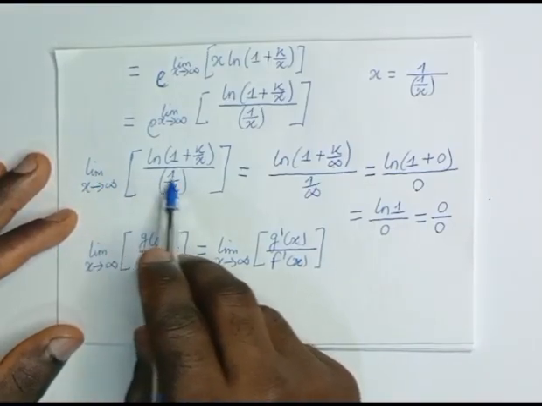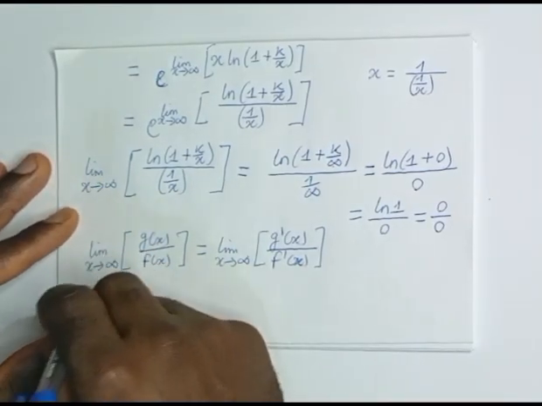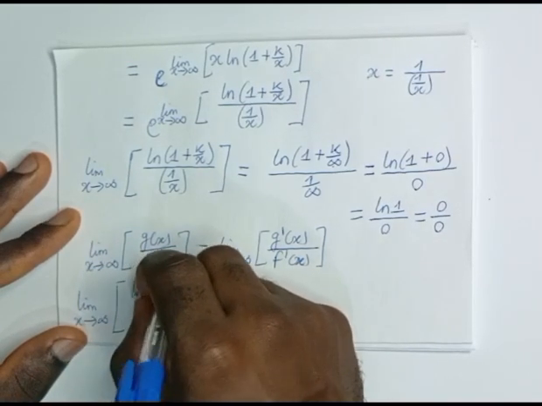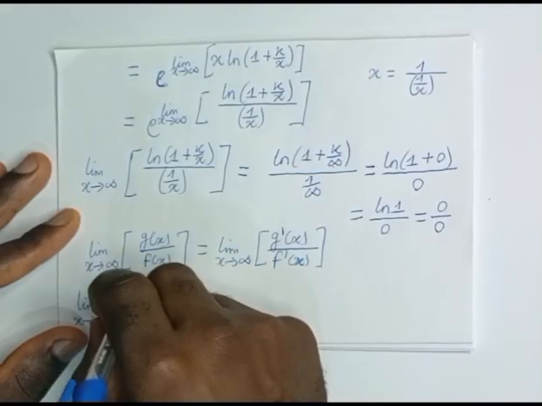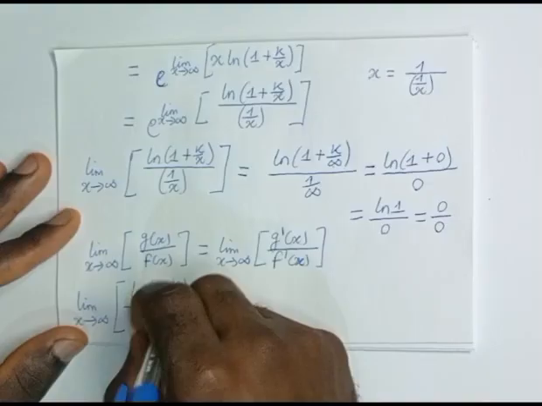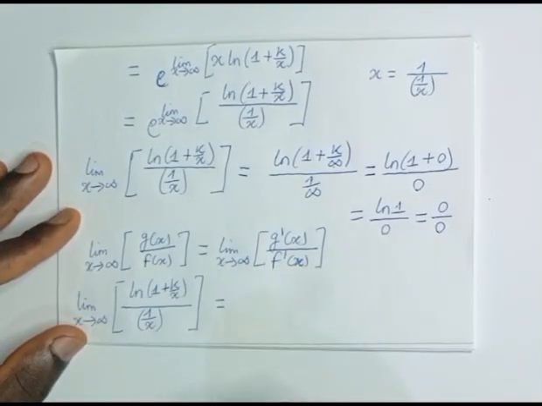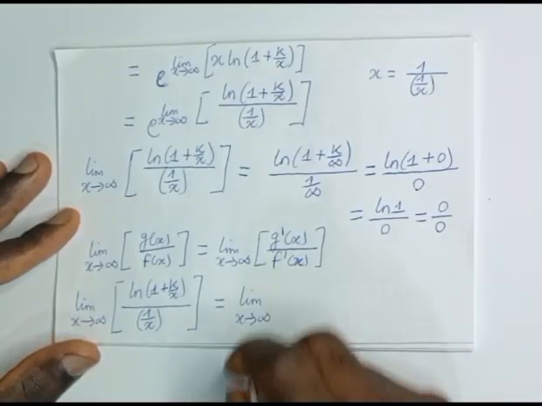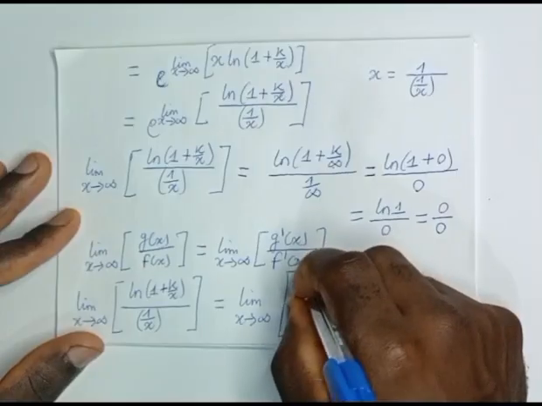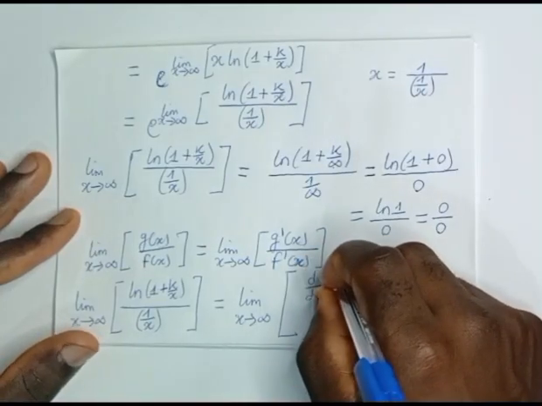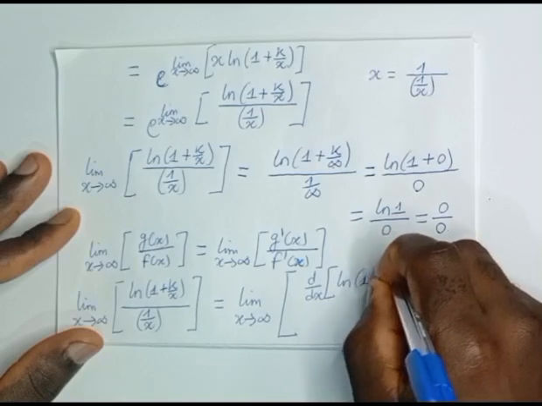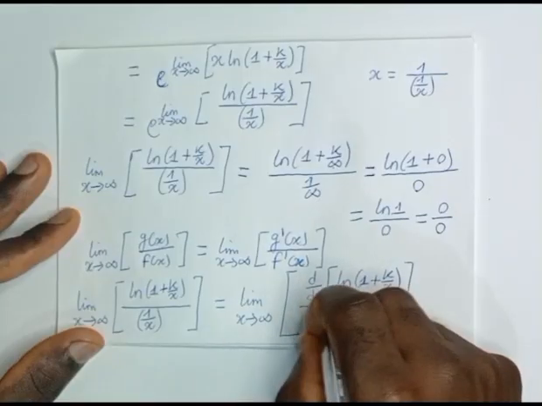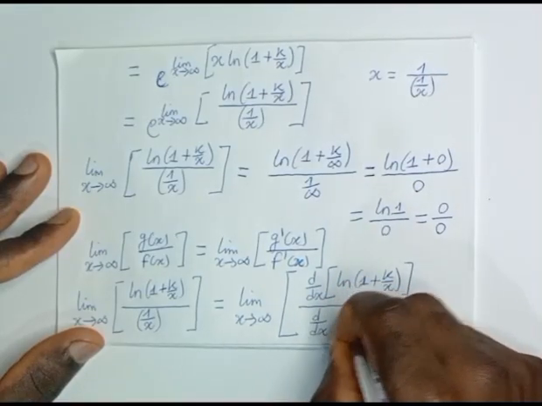We are going to apply L'Hopital's rule to get this limit. It simply means the limit as x tends to infinity of ln(1 plus k over x) all over 1 all over x will simply be equal to the limit as x tends to infinity of the derivative with respect to x of ln(1 plus k over x) all over the derivative with respect to x of 1 all over x.